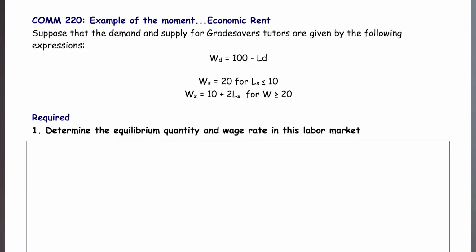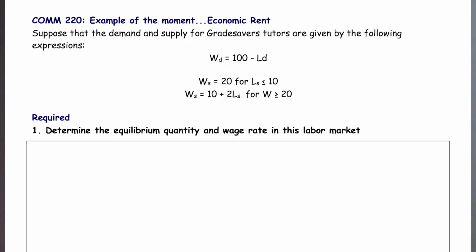Here it says, suppose that the demand and supply for Grade Savers tutors are given by the following expressions. WD is 100 minus LD, WS is 20 for LS less than or equal to 10, but WS is 10 plus 2LS for W greater than or equal to 20. In required 1, it simply says to find the equilibrium quantity and wage rate in this labor market.